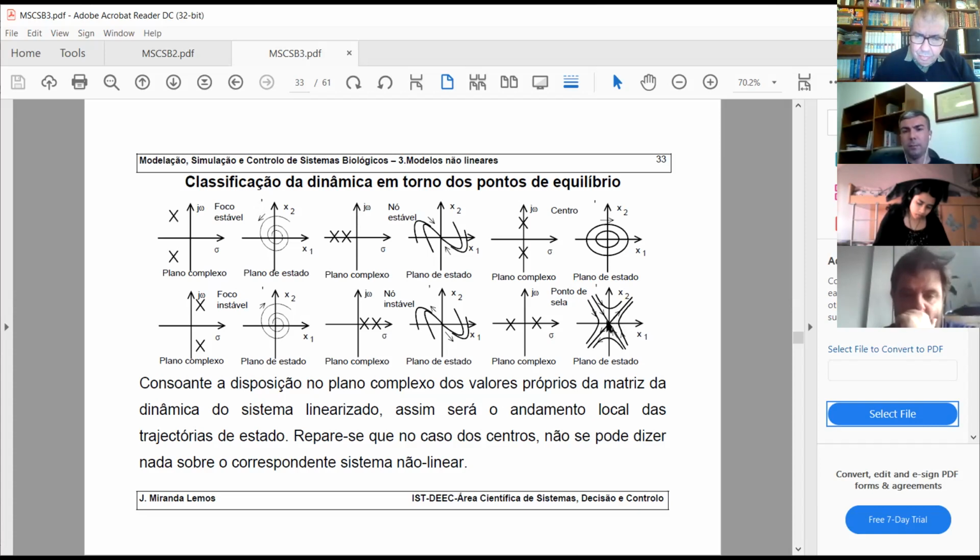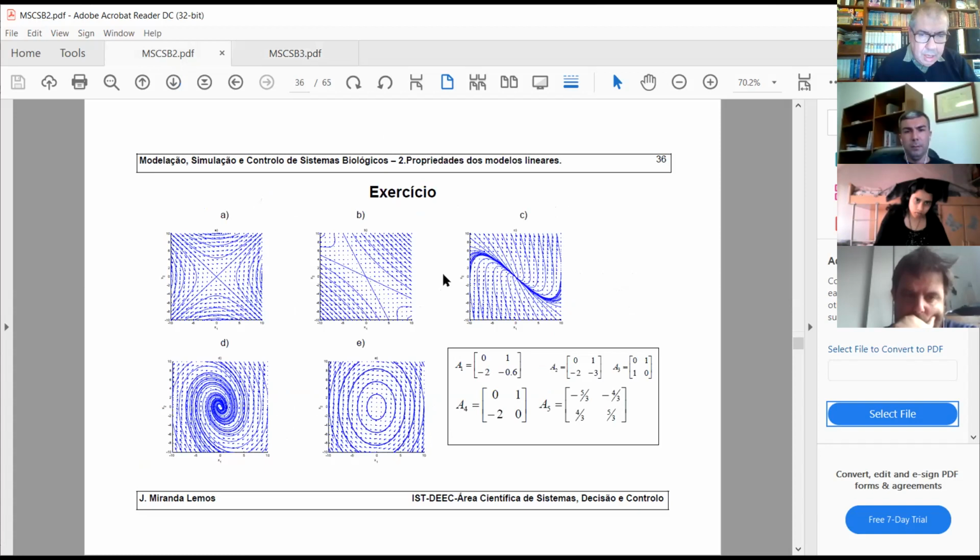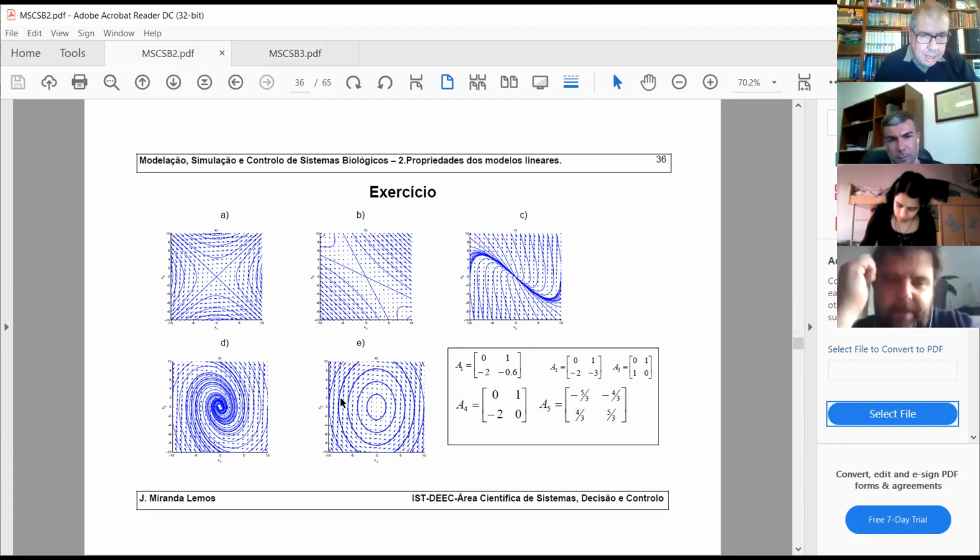Okay. Now, what I would like to do is a problem. I mean, I don't want to do it. I want you to do it. So I have here 5 matrices and 5 phase portraits, and I want you to match them, to say which matrix corresponds to which phase portrait.